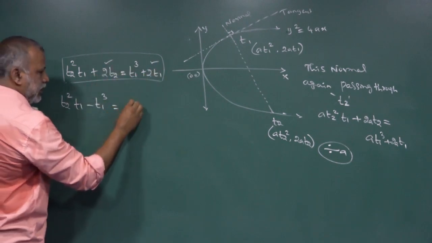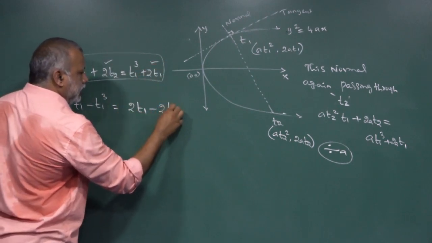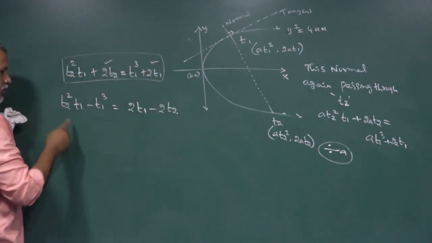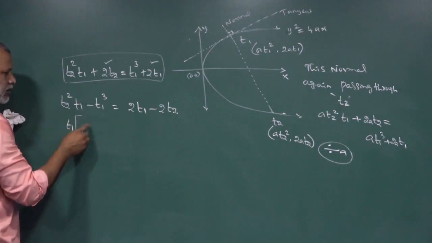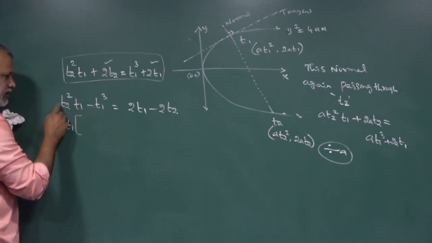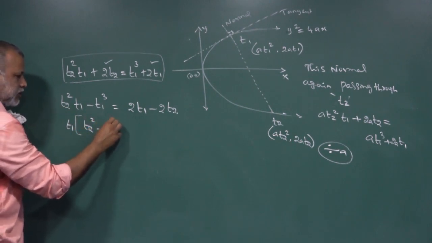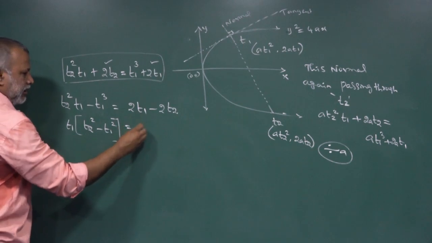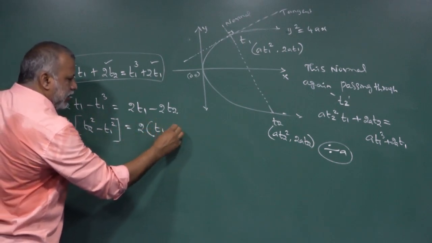Already on your RHS side you have 2t1; convert this 2t2 into the other side. So now we are able to take t1 out as common. Then if you take t1 as common, what is the remaining? t2 squared minus t1 squared. On your RHS side, we are able to take out 2 as common. The remaining is t1 minus t2.